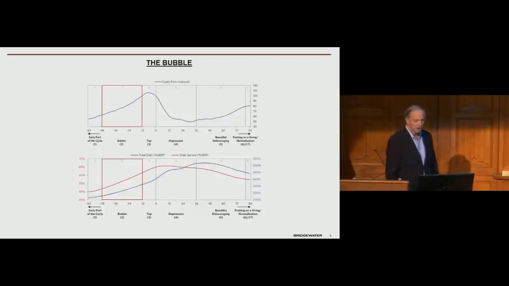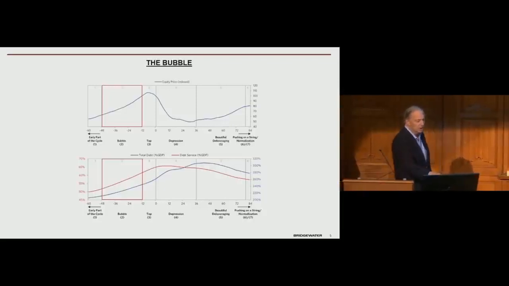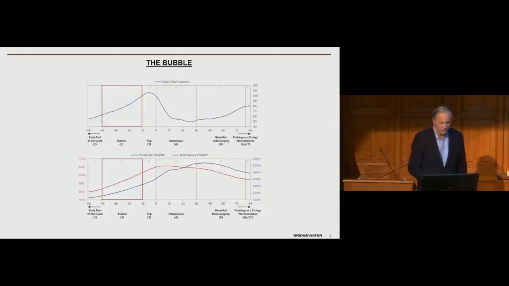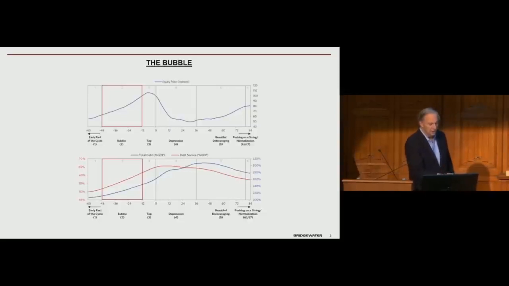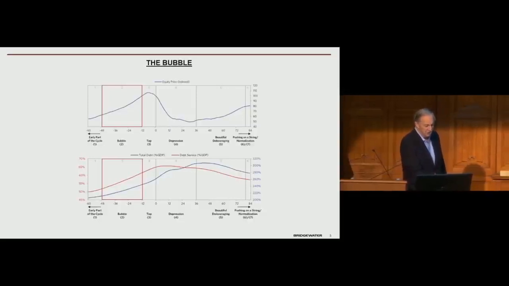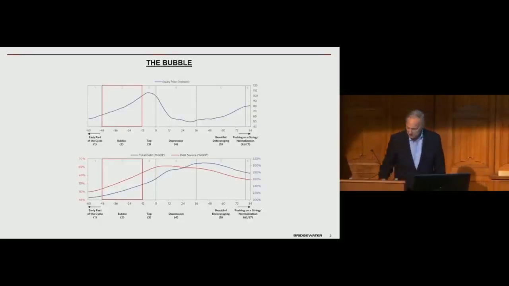The first chart shows the equity prices, and the red box takes it through the cycle. The red box, which I'll divert your attention to, shows what's happening in equity prices in that cycle. And then it shows also debt and debt service payments, and you can see that rising.